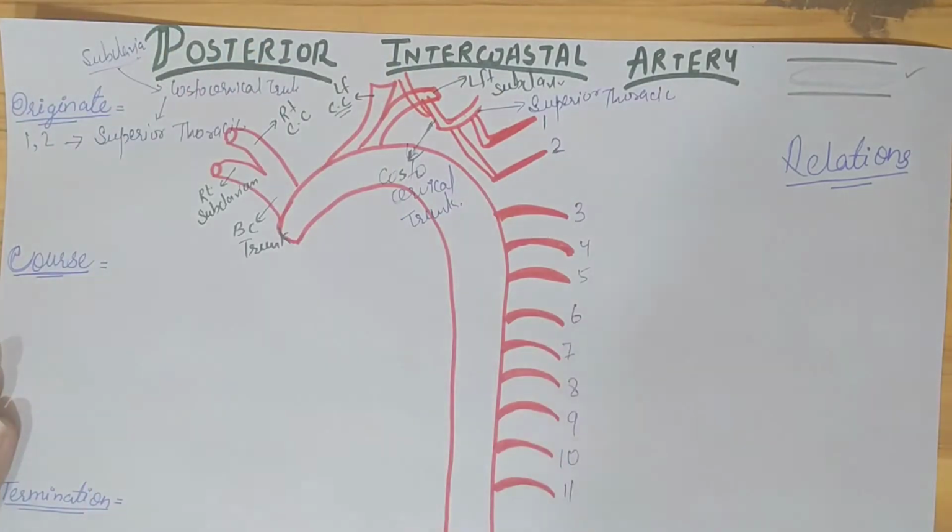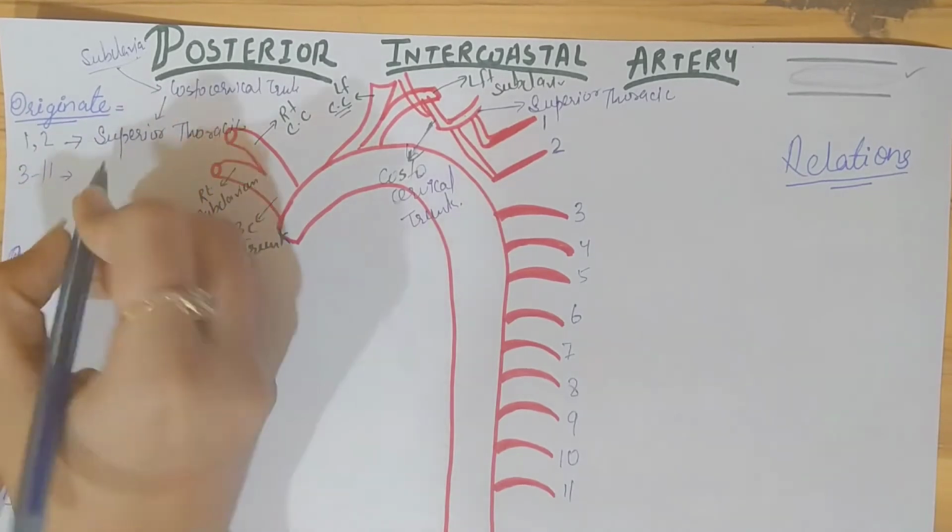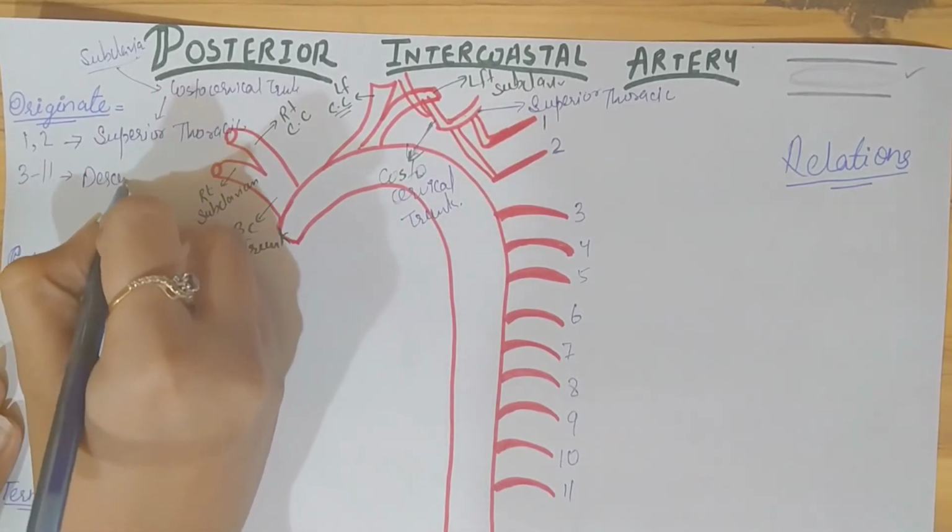Right? Then 3 to 11 arise from the descending aorta.